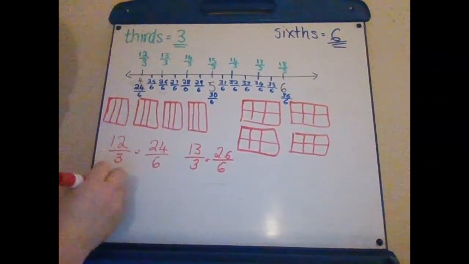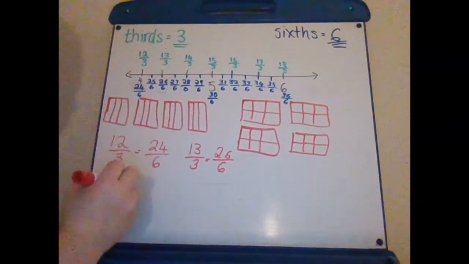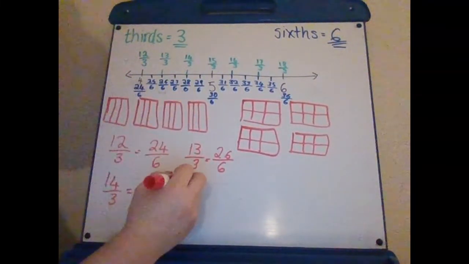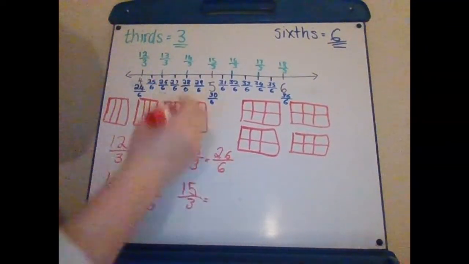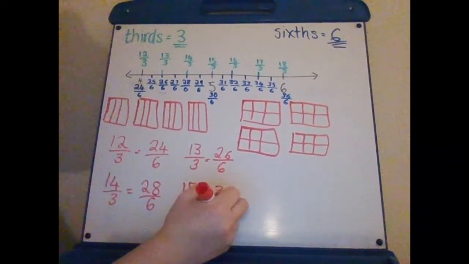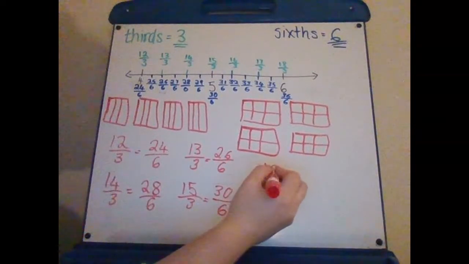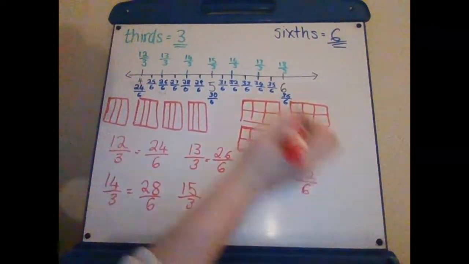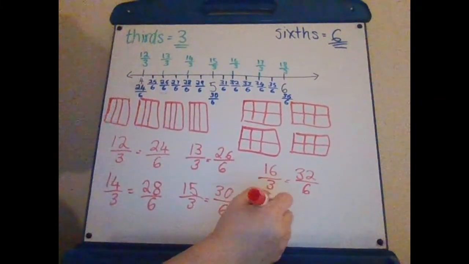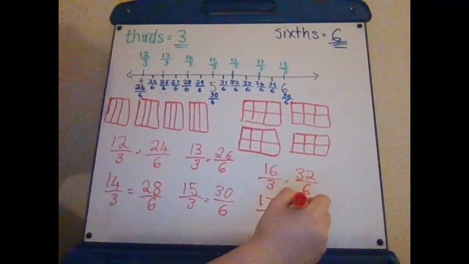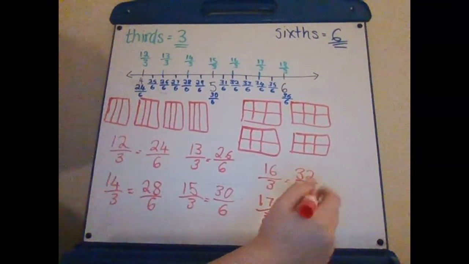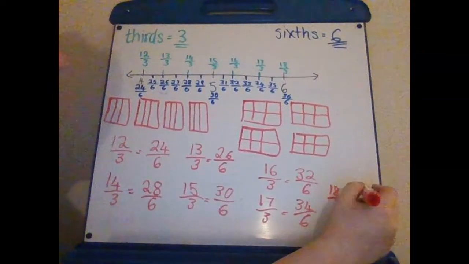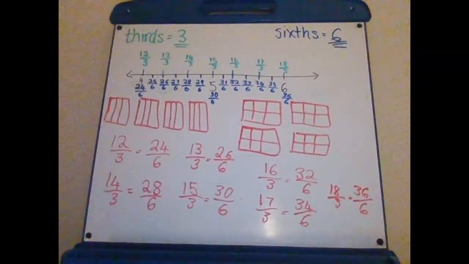All right? 14/3 is equivalent to 28/6. 15/3 is equivalent to 30/6. 16/3 is equivalent to 32/6. 17/3 is equivalent to 34/6. And last but not least, 18/3 is equivalent to 36/6. All right, same thing.